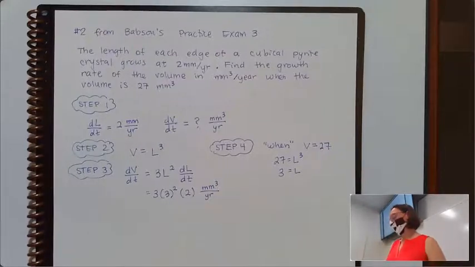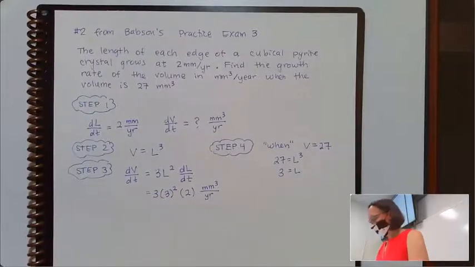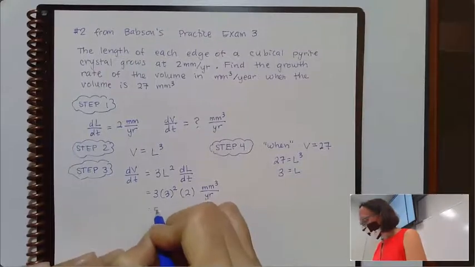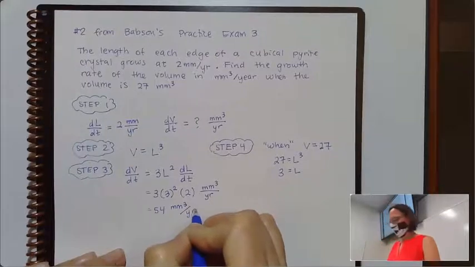And I suppose we could turn that into a nice number, right? 3 squared is 9, times 3 is 27. 27 times 2 sounds like 54. So I could say that's 54 millimeters cubed per year.